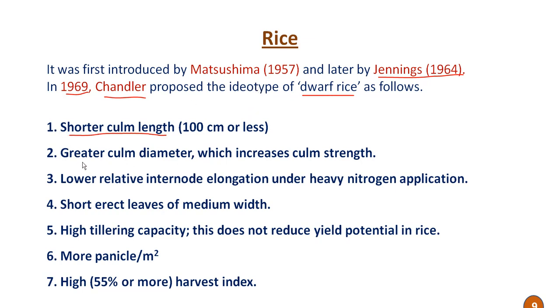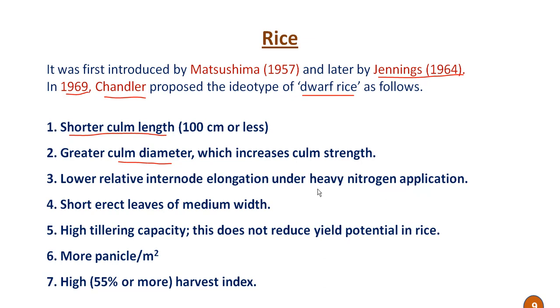Then greater culm diameter, which increases culm strength. So a rice plant having greater culm diameter is preferred. Then lower relative internode elongation under heavy nitrogen application.